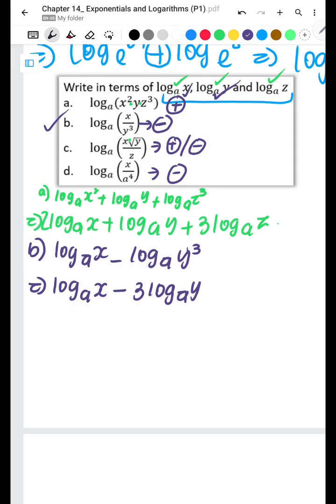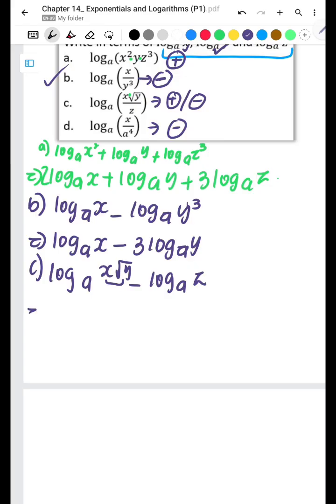For my c part, this is a little bit complex, but it's still very easy to work with. Here, log base a of x times the cube root of y, divided by z. First of all I use my division: log base a of x root y minus log base a of z. This is still multiplication, so I turn it to log base a of x plus log base a of root y minus log base a of z.